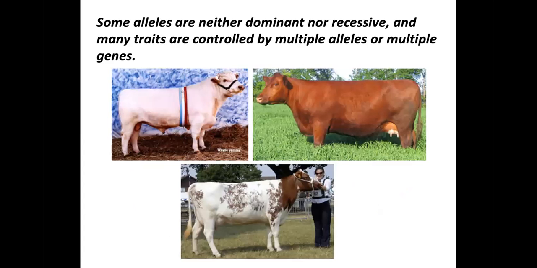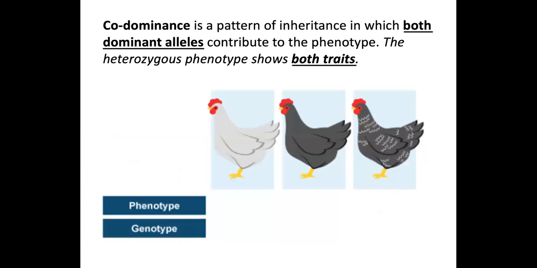All right, so this is what I had mentioned briefly yesterday. So if we were to take a red cow and a white cow, we don't make a pink cow that produces strawberry milk, although I know that sounds super yummy, okay? We get a red and white cow. So codominance is a pattern of inheritance in which both dominant alleles contribute to the phenotype.